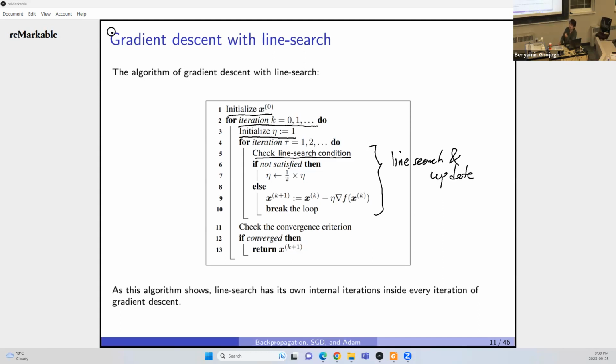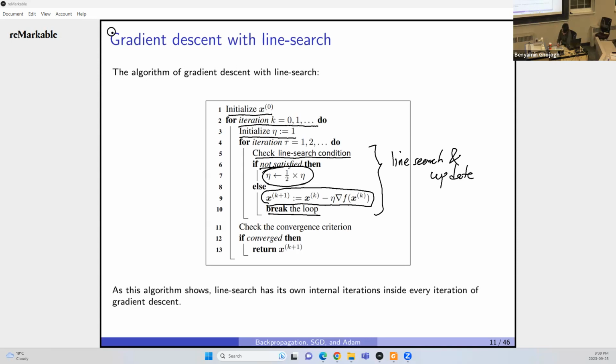Whether the cost of the next solution is less than the cost of the previous solution with that eta. If not satisfied, halve eta. Otherwise, update the solution with that eta and break the loop. Come out of the loop, go to the next iteration. Again, start with eta equals 1.